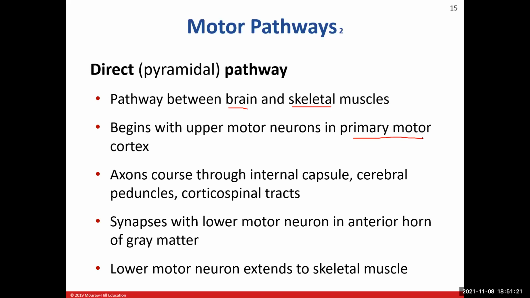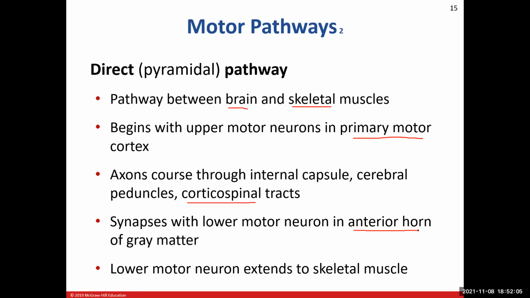So that primary motor neuron's axon is going to descend through the internal capsule. I'll show you, that's that white matter that's near the thalamus. It's going to descend through the internal capsule and then travel through the cerebral peduncles, which are those anterior structures on the front of the midbrain, and descend down through the midbrain into the spinal cord through what we call the corticospinal tracts, where these upper motor neurons will synapse on the lower motor neuron in the anterior horn of the spinal cord.